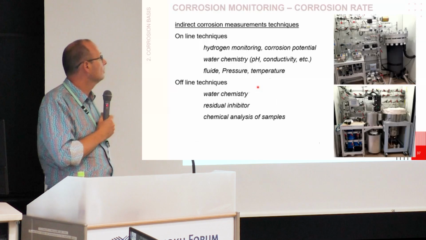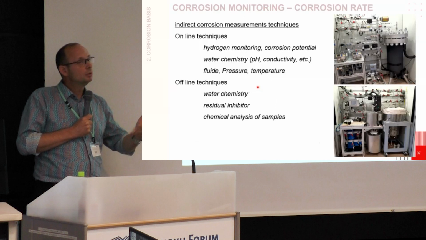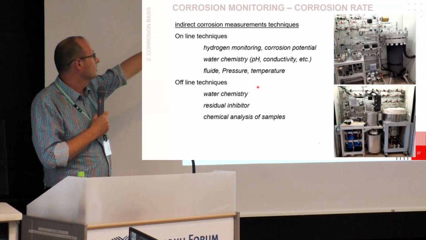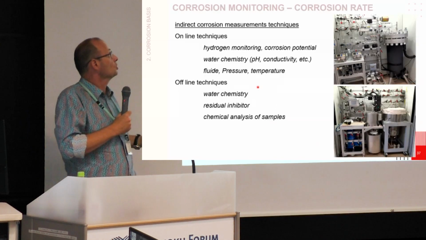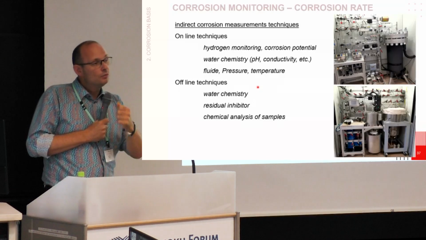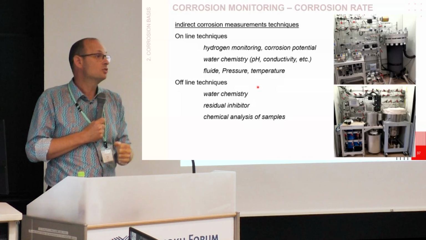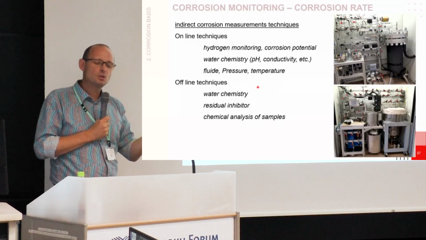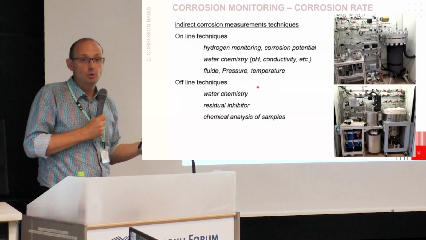Now, what are the indirect measurement techniques? If we want to know if there is any corrosion, the first point, as I already said a lot, is hydrogen. We can form hydrogen, so we do hydrogen monitoring. If the material dissolves, the potential, this energy, is changing, so I can monitor the corrosion potential. If I'm dissolving materials, I'm changing the chemical properties of the solution.